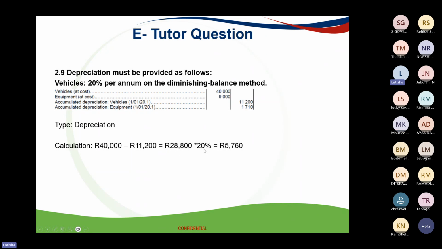And you're calculating it for the full 12 months, so you don't need to only do it for a few months, like the previous one, where we did the equipment only for 6 months because it was new and it was bought only for half the year. Whereas these vehicles have been there the full 12 months, and that is the reason why we just multiplied by 20%. This is then depreciation for the full 12 months. The journal entry would be very similar: debit depreciation, credit accumulated depreciation.